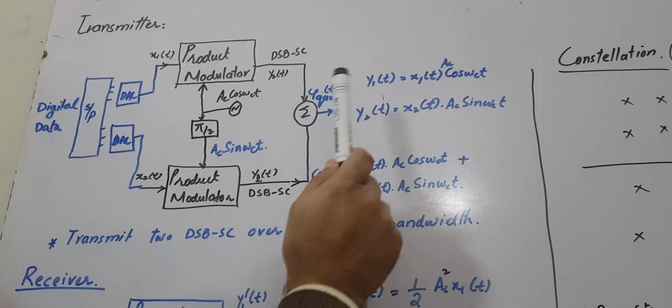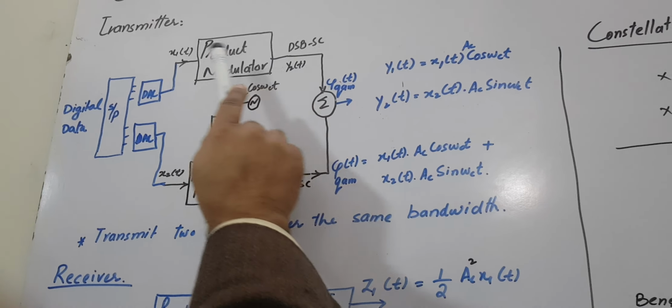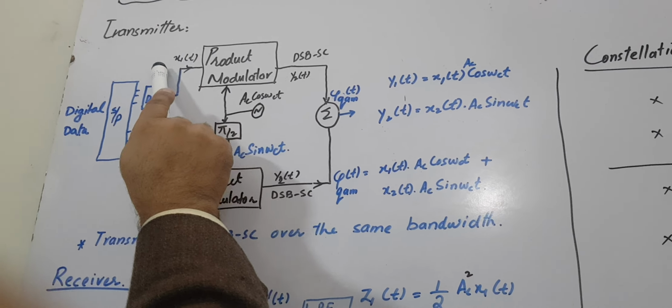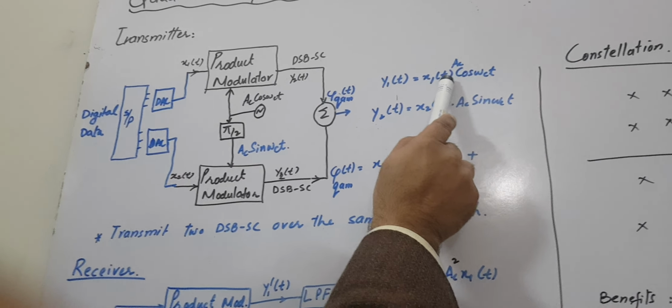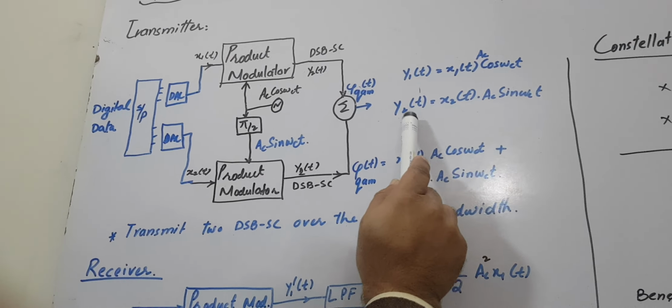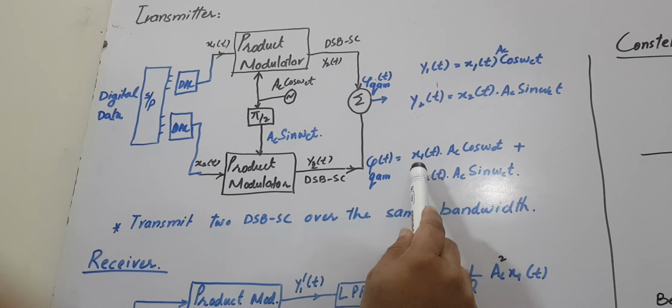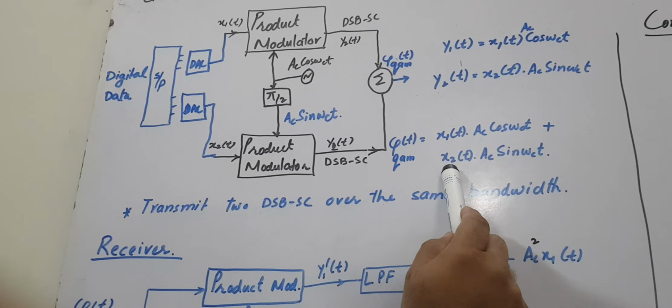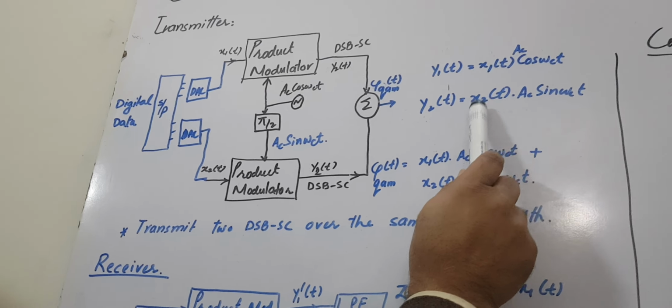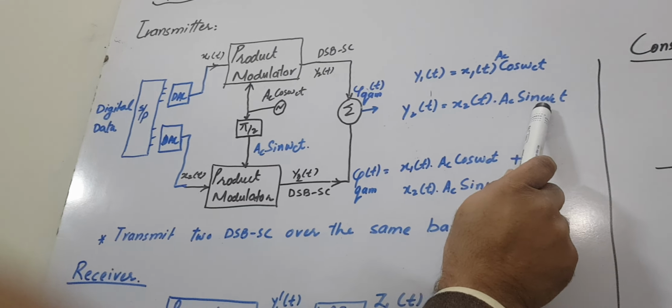So y1(t) is the product of x1(t) and Ac cos omega ct. Similarly, y2(t) is the product of x2(t) and Ac sin omega ct.